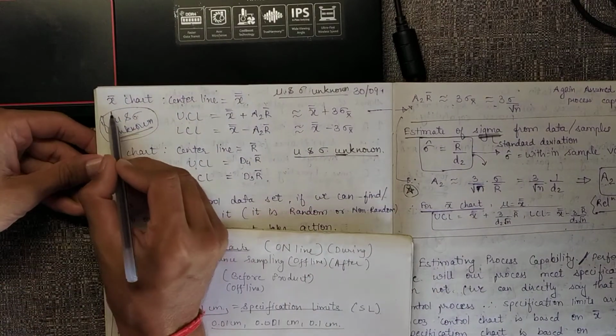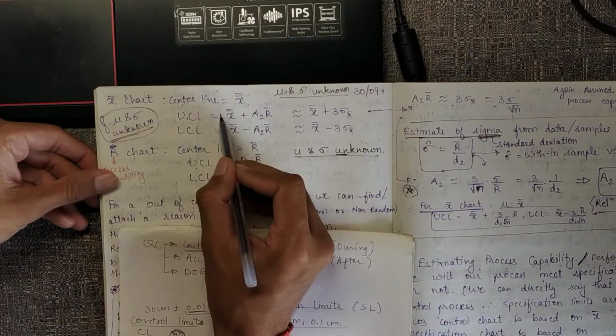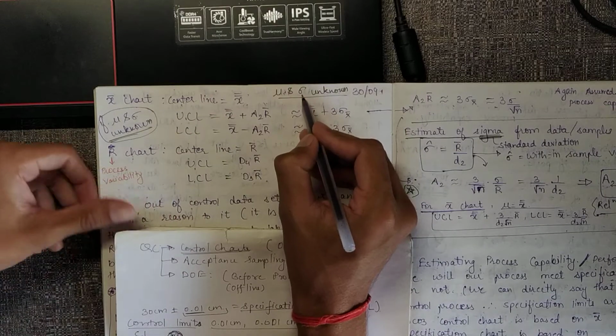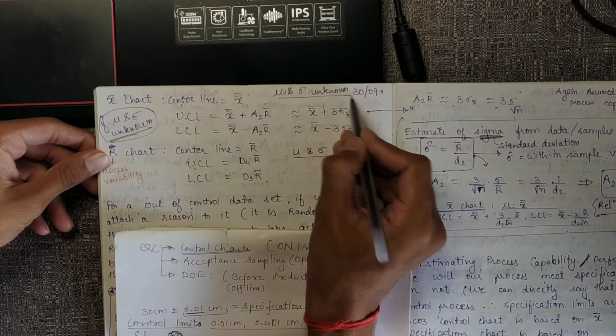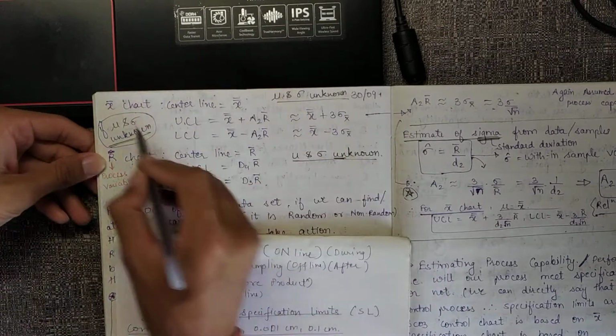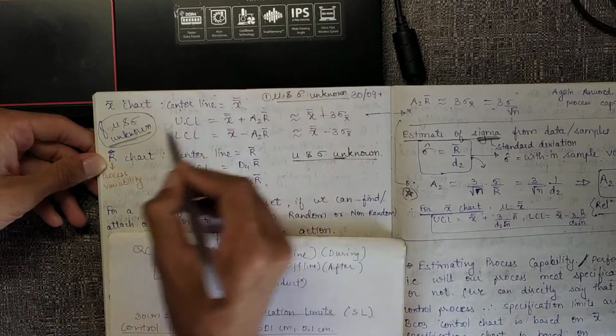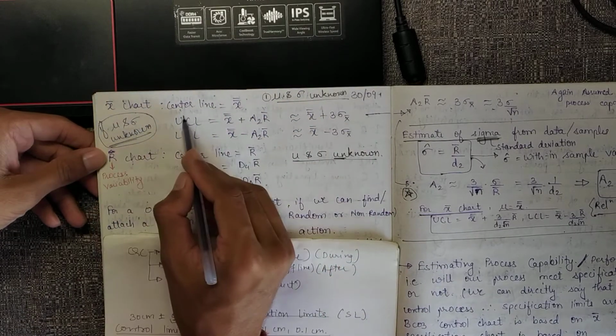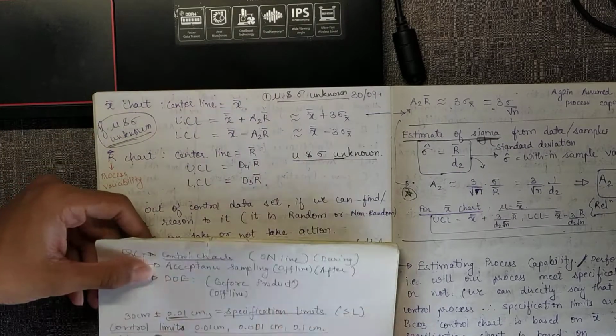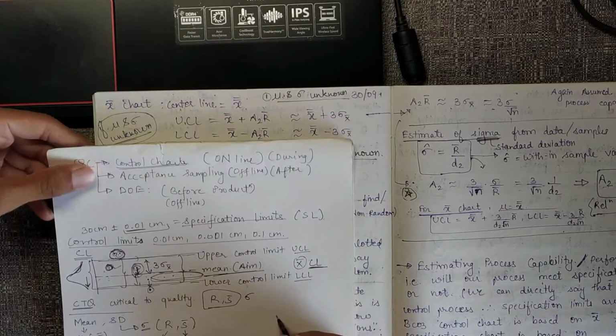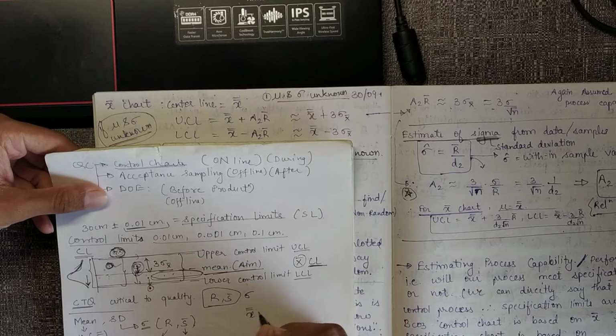When we want to make an X bar chart, when mu and sigma are unknown, this is the first type of chart. So X bar, first condition. The center line will be X double bar, which I have already said. What will be X double bar?